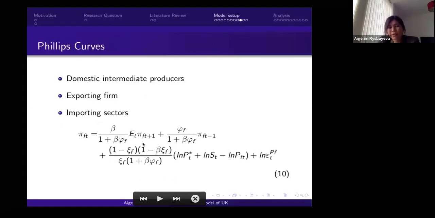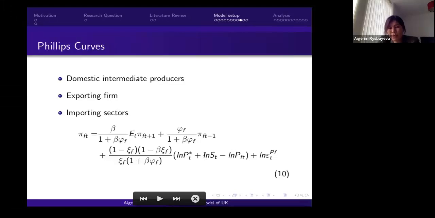The Phillips curve is usually the relationship between unemployment and inflation, or inflation and output. Here the Phillips curve looks like this. About the pass-through degree, on the right side we have the nominal exchange rate ST, and on the left side we have import prices. So the exchange rate affects the import prices, but the impact depends on these coefficients, these whole ratios.